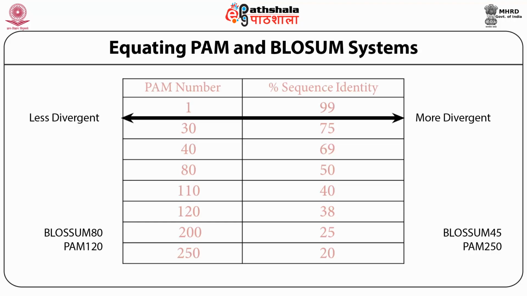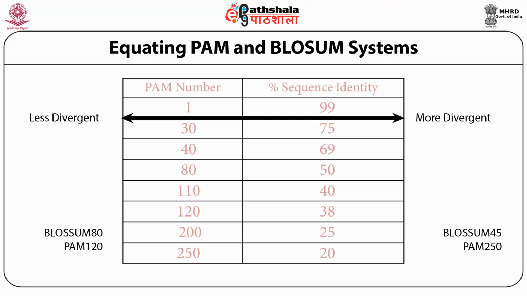This comparison shows that the numbers of PAM and BLOSUM matrices run in opposite directions to indicate the evolutionary divergence. Higher PAM and lower BLOSUM numbers indicate higher divergence. On the other hand, lower PAM numbers and higher BLOSUM numbers indicate less divergence.